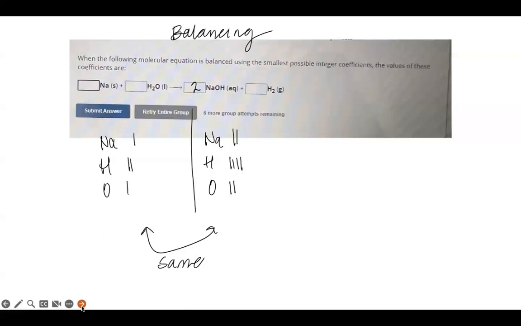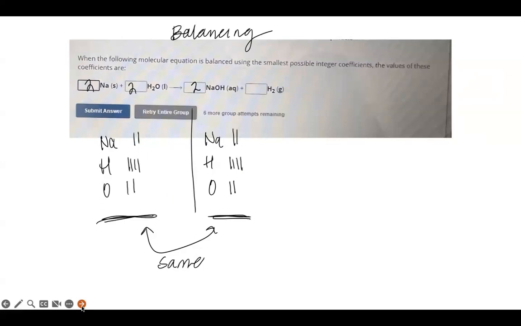Now it looks like this side is basically double this side, meaning I could put coefficients of 2 in front of each of these, and I should now be balanced. On the left, I have 2 sodiums, 4 hydrogens, and 2 oxygens.